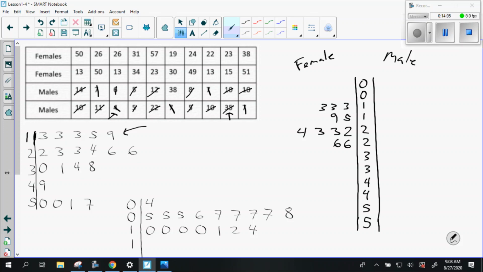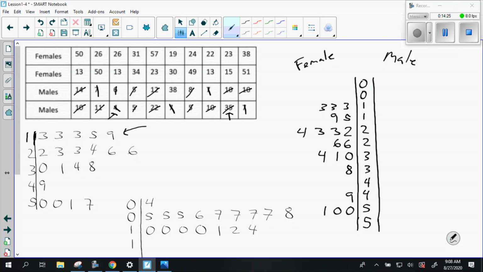There's the 38. Just copying this over from this female data. I got to skip the 4. We're going to have a 49. We have a 50, 2 of those, a 51, and a 57. And there we go. We've got the female side of this going.